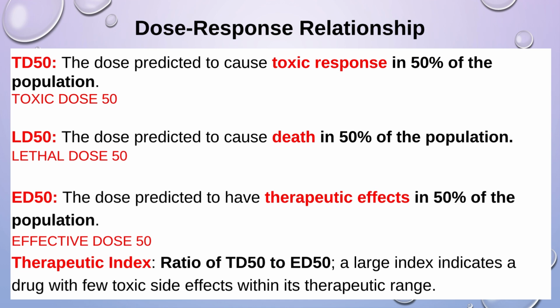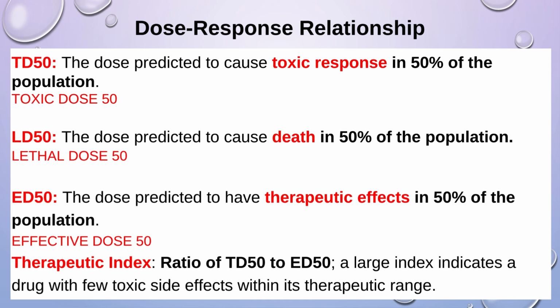The TD50 is the dose predicted to cause a toxic response in half of the population, so you can see signs and symptoms. But the dose that can cause death, or mortality, in 50% of the population is the lethal dose 50.